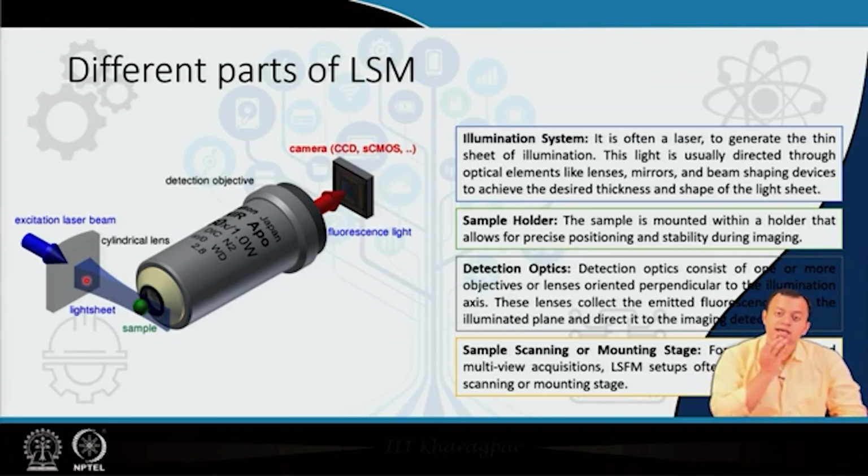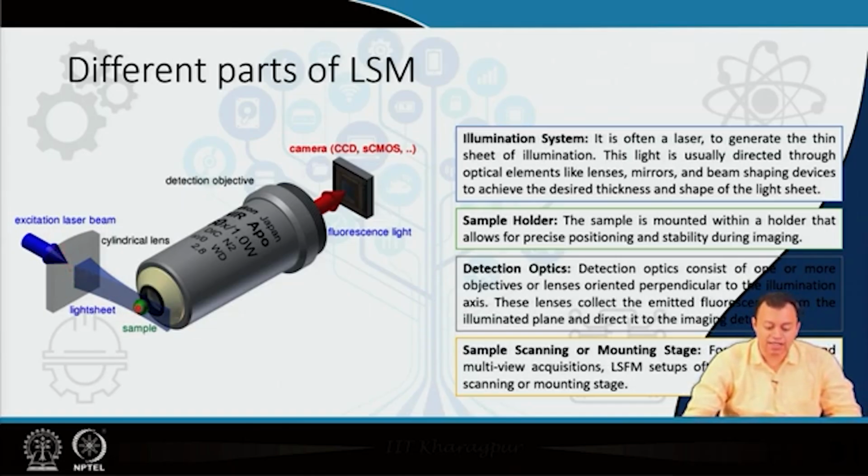So, basically in a light sheet microscope we are producing a plane, a sheet of light. The sheet of light is made using a cylindrical lens. A cylindrical lens can convert a point source into this kind of rectangular source. The sample is slowly passed through the sheet of light. Different planes of the sample are sliced and illuminated, and whatever planes are illuminated, they scatter some amount of light.